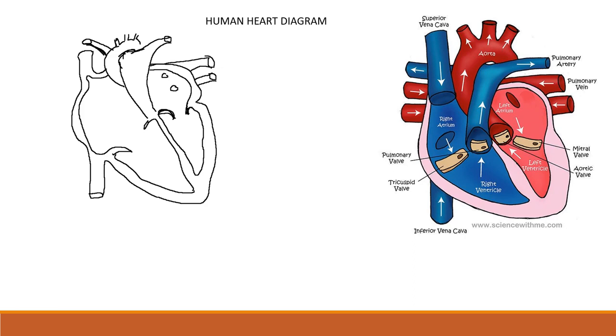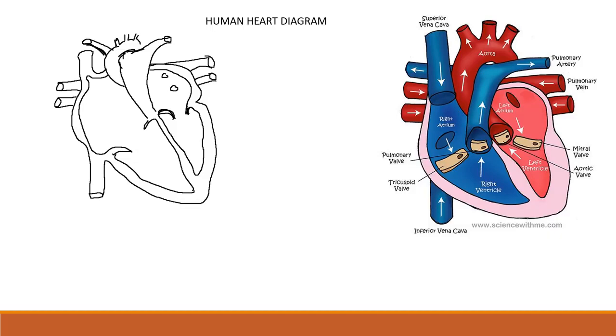And let's make the other two branches of pulmonary vein. Okay, and you know that two pulmonary veins are coming from the left lobe and two coming from the right lobe of lungs.